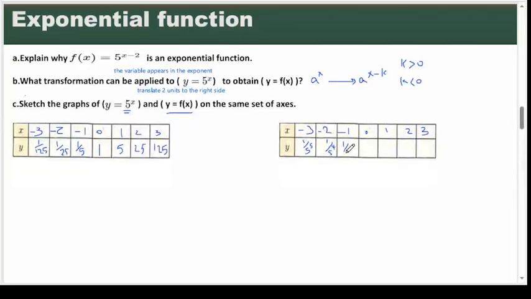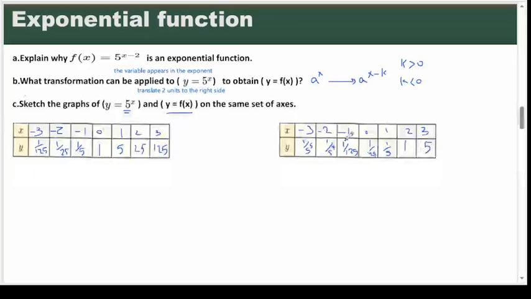Here, 1 over 125 for -1, 1 over 25 for 0, 1 over 5 for 1, and for 2 would be 1, for 3 would be 5.